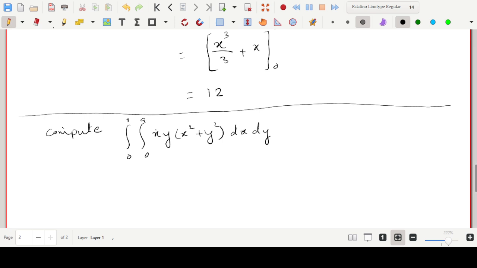Now here observe that dx comes before dy. So first we shall be integrating with respect to x. This is the inner integral and this is the outer integral.